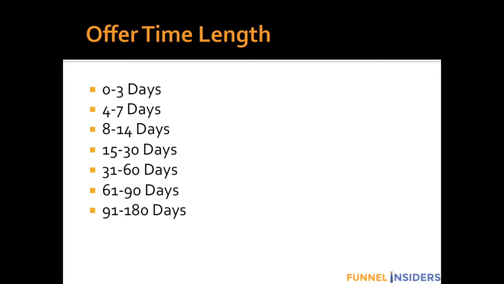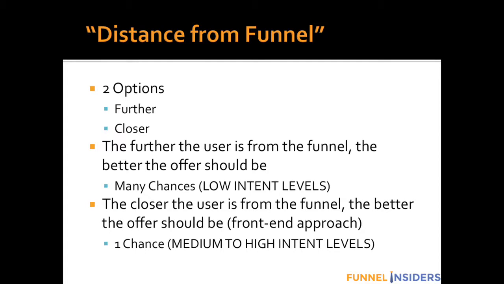So there's two strategies that we can use to get these users to convert, and we have this concept called the distance from the funnel. From the initial funnel inception point when they get exposed to your first message, how far is a user during these time periods? So you have two options to work with here. You can work with a further version or closer version of these intent levels, of these time periods. So this could be something that you modulate and modify depending on the type of intent and the level of intent the user proposes to you.